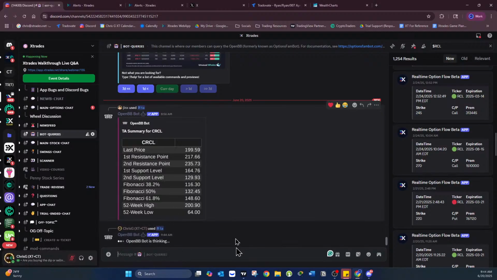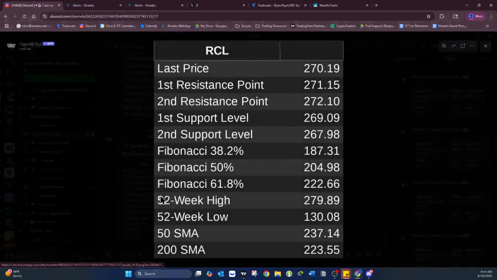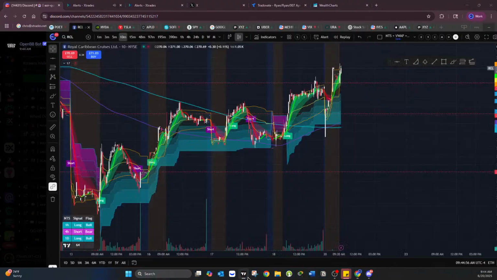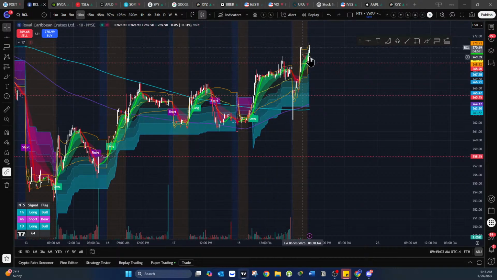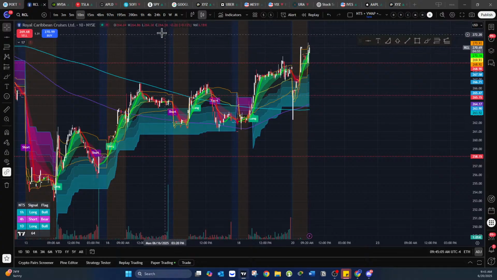If you don't have time to chart, you can always look at this also. Support, resistance, it shows all this right at a glance, depending on the price it's at right now. So 270.19 probably was 15 minutes ago, I'm assuming. Might have been the opening price, possibly.